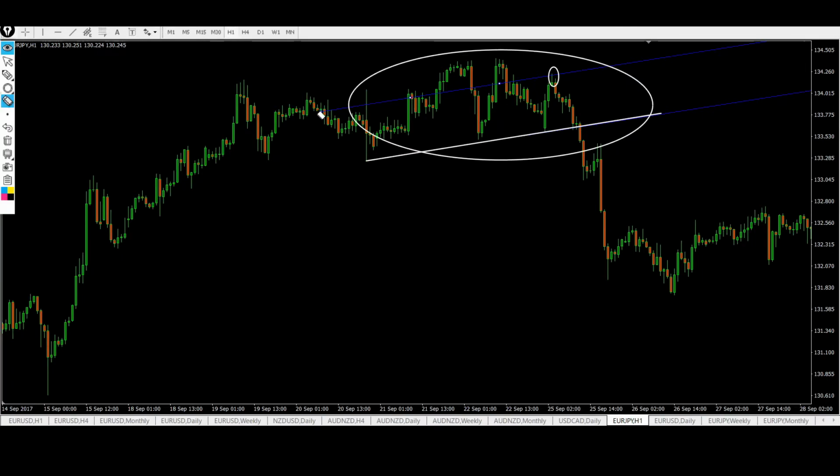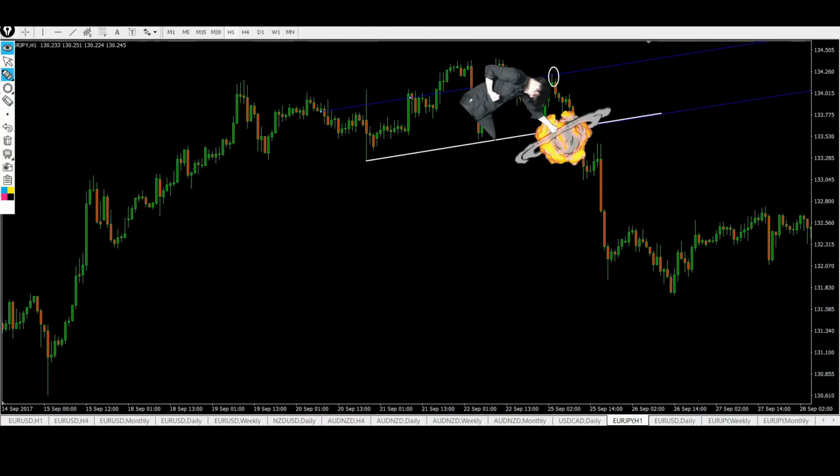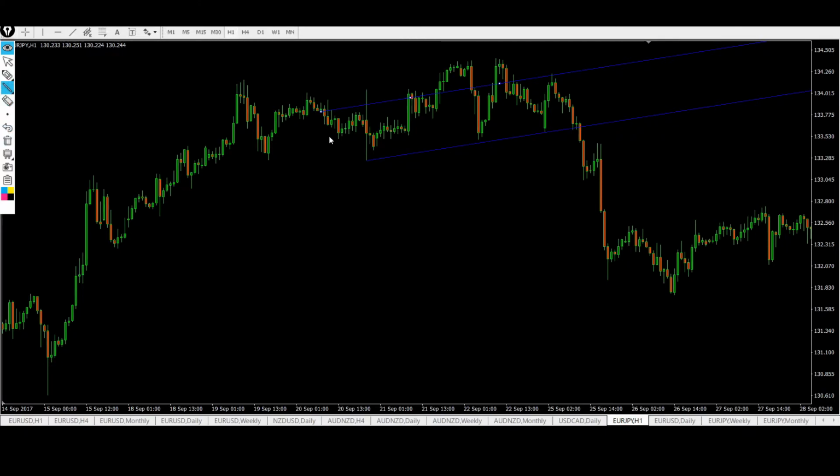Now, the main neckline cannot be broken out, nor can it be surpassed before the right shoulder's price level is reached. Now in this case, the main neckline is not broken out or surpassed before the right shoulder's price level is reached, so we're okay on that front.